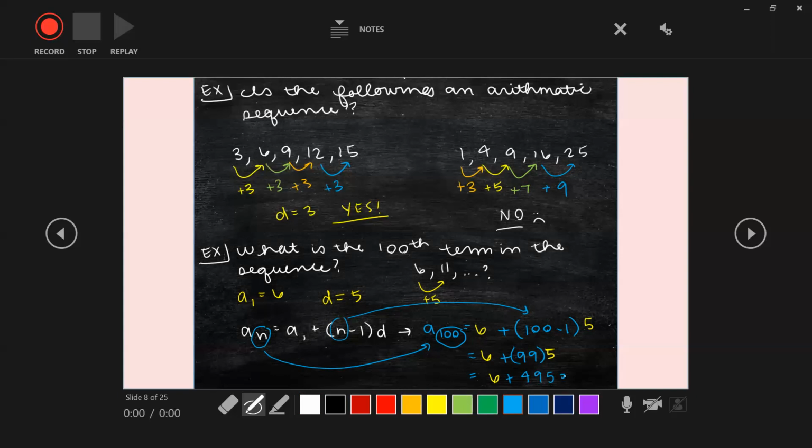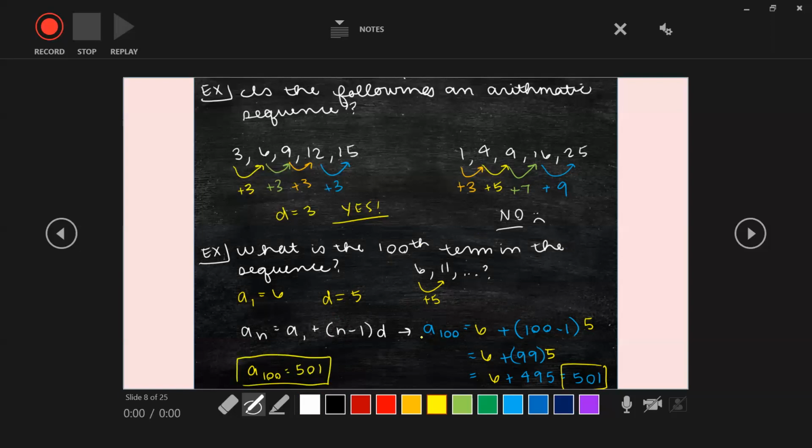And then 6 plus 495 should be 501. Cool. I've got 501 now. What the heck does that mean? I just got a number. So the 100th term, A sub 100, is 501.